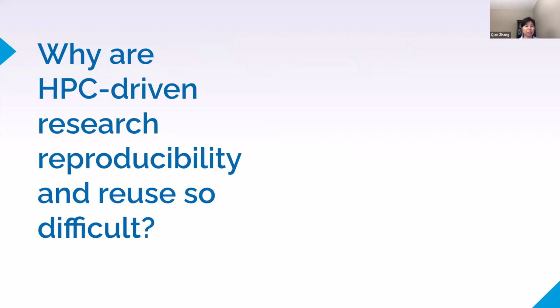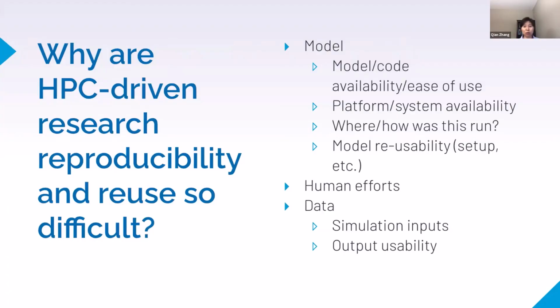So that is exactly why HPC reproducibility and reuse is so difficult. Sometimes we need to think about how accessible the particular version of the model or the code is, and how specialized the platform needed is, for example the particular hardware, the compilers and source code that is needed, and where and how the simulation was run.